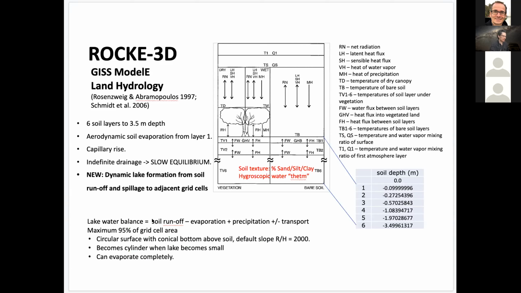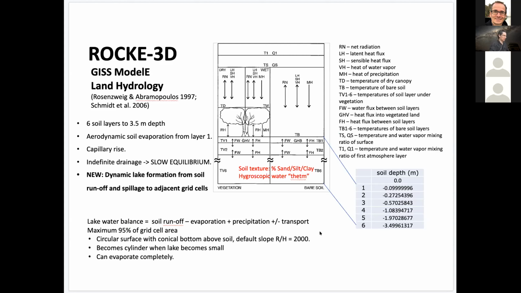It's formed from soil runoff and precipitation, and evaporation takes water, and also we have water transport between the lakes and different cells, GCM cells, and that is defined by your topography and by river directions files.